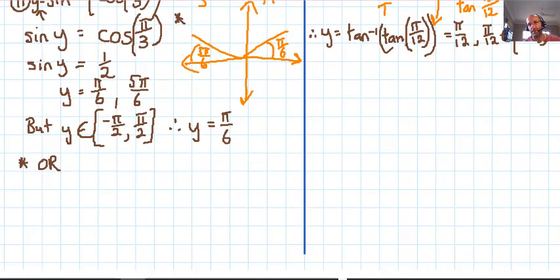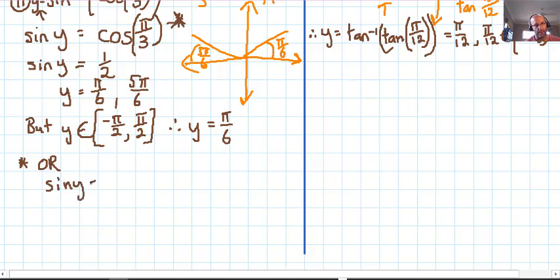Or if we go back to the step with the asterisk on it, if we look at that, we could say sine of y. Now what's the relationship between cos and sine? Well, there's pi on 2 radians difference between them, so all we have to do is rewrite that as pi on 2 take the argument pi on 3.